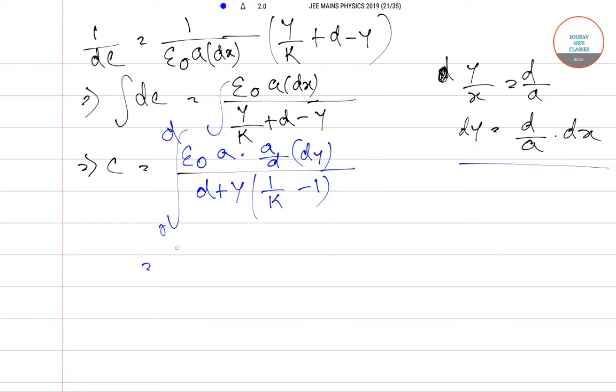The constant term is taken out of the integration: epsilon 0 a square divided by 1 by k minus 1 into d.